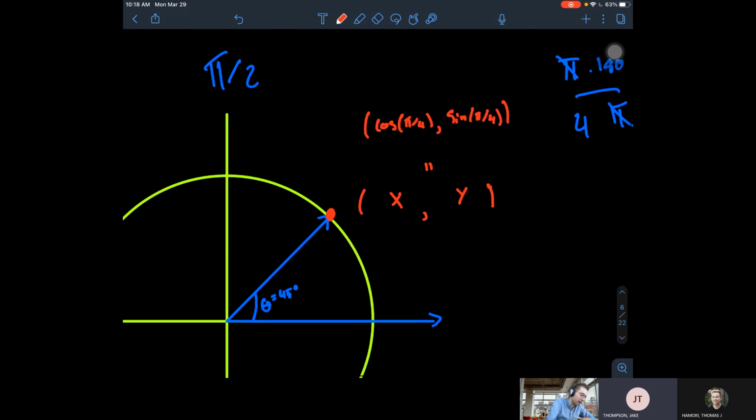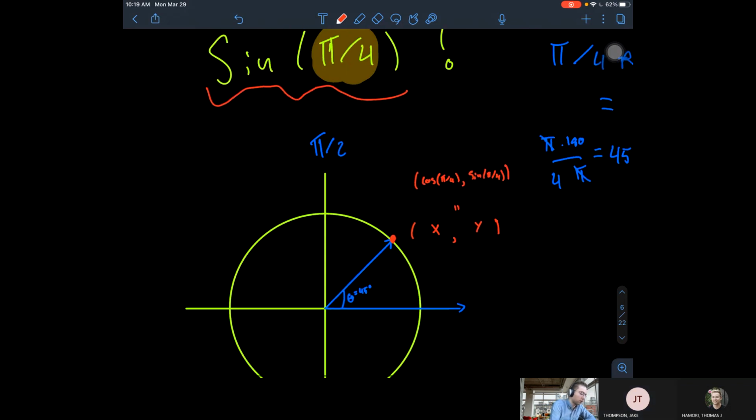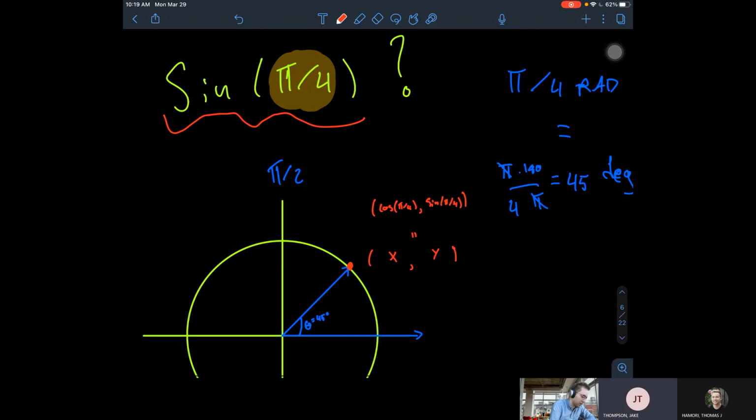So, I have a point on the unit circle. I know that its coordinates have these special names of sine and cosine. And what I really want to know in the end is, what is this number, sine of pi over 4?